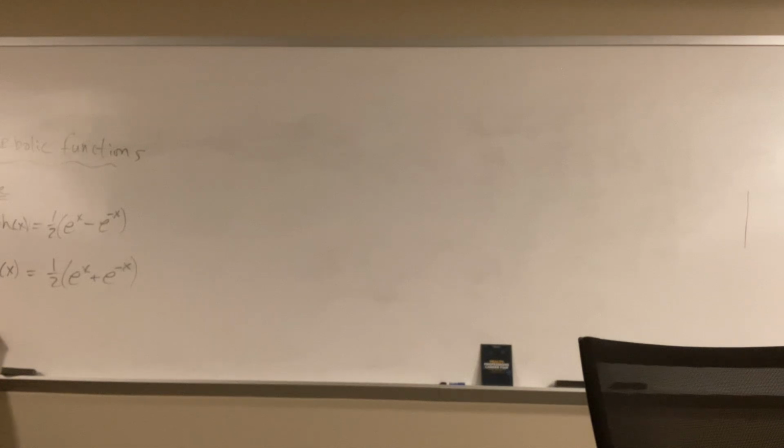So hyperbolic tangent of x is hyperbolic sine over hyperbolic cosine. What you're going to see is a lot of the identities start to come through. We could plug those two definitions in, multiply the top and bottom by 2, and we get this. This is another way to define it.